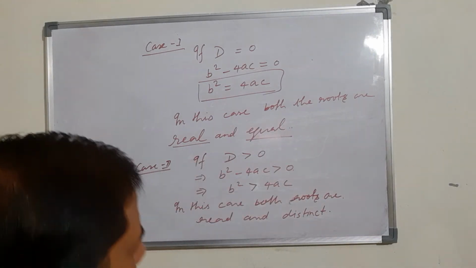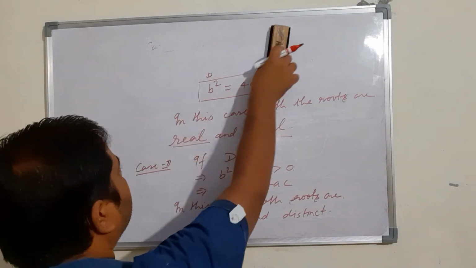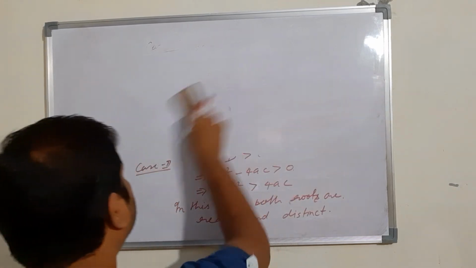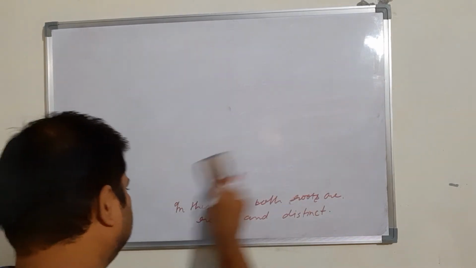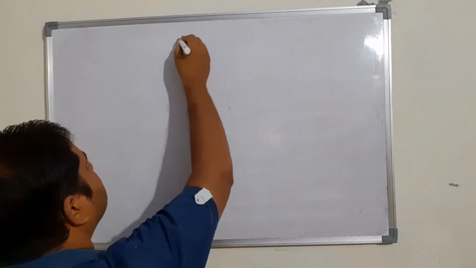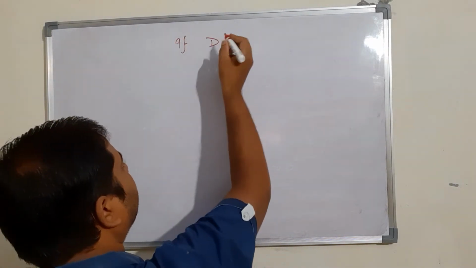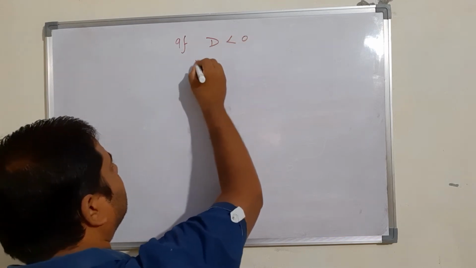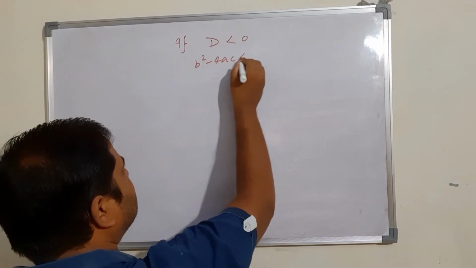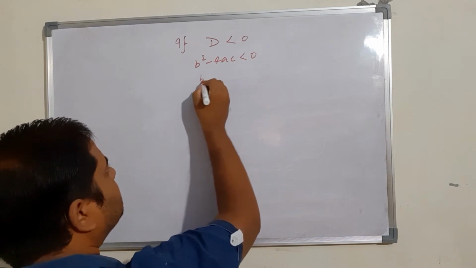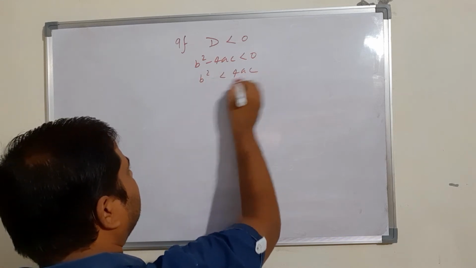Now case third, if D is less than 0, in this case b square minus 4ac is less than 0, b square is less than 4ac.